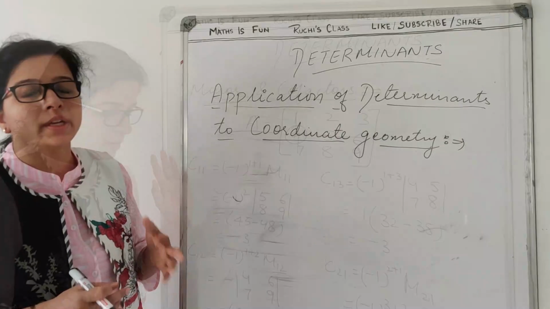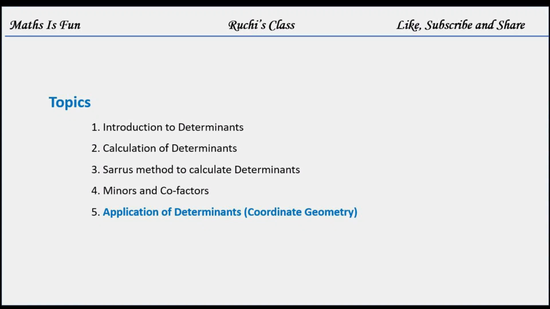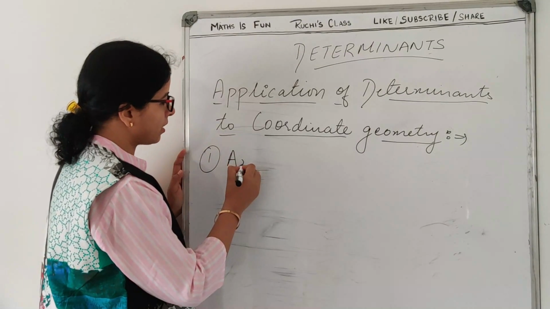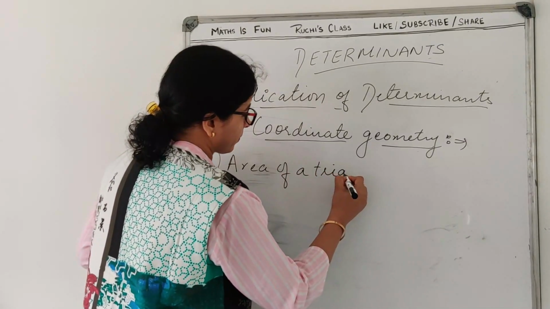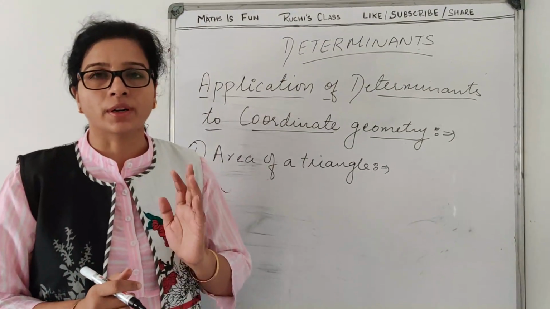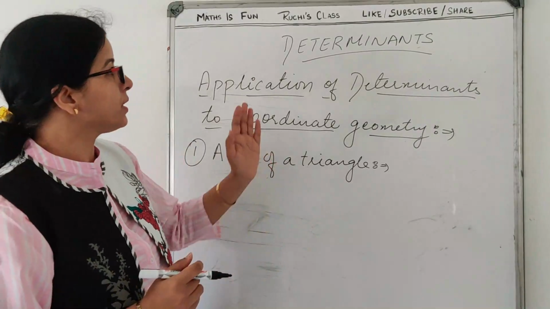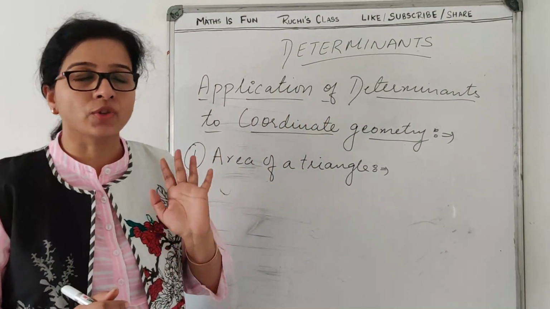Okay. So now I will discuss with you the application of the determinants to coordinate geometry. Okay. So first is area of a triangle. So if we are given the vertices of a triangle, using determinants we can find out the area of the triangle. Okay.